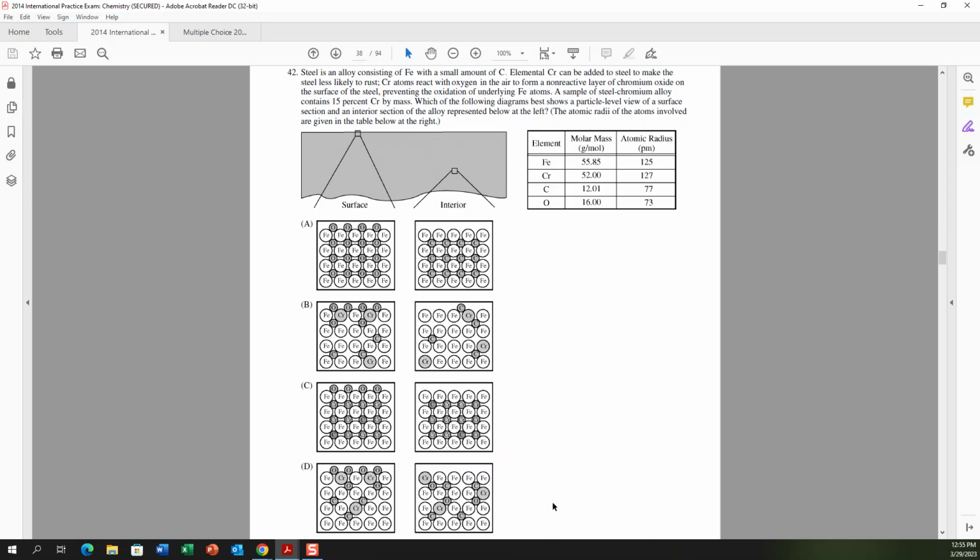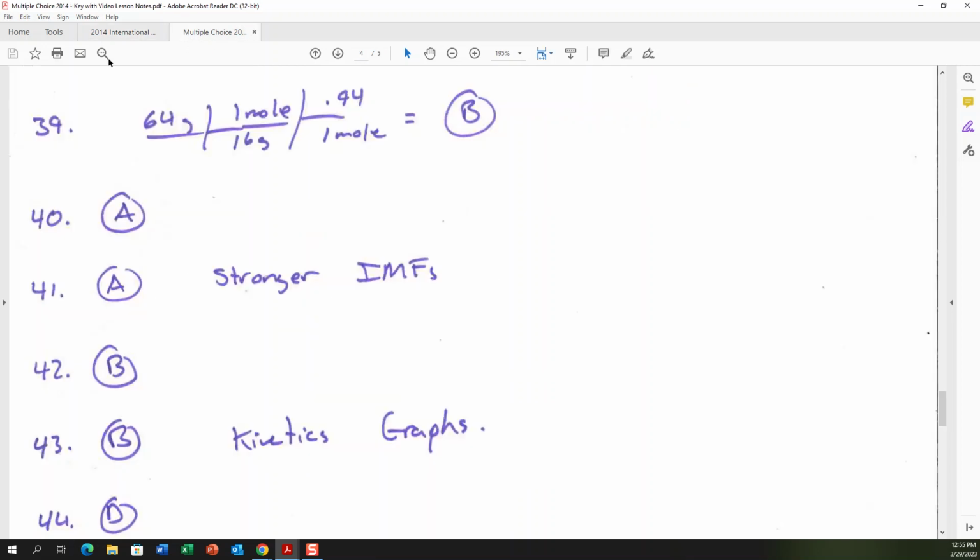And this was wrong because it's showing oxygen getting into the interior, and the whole reason you put chromium on the surface is to block the oxygen from getting into the interior with the iron. So choice B is your answer here.